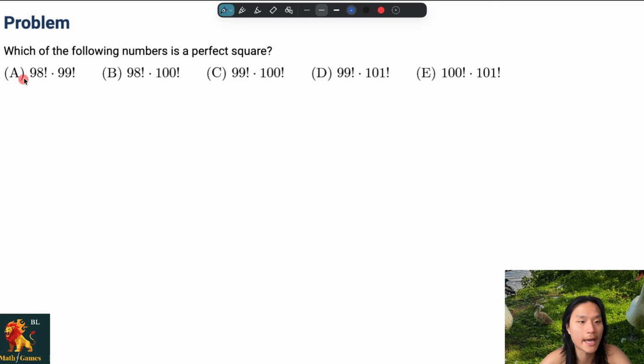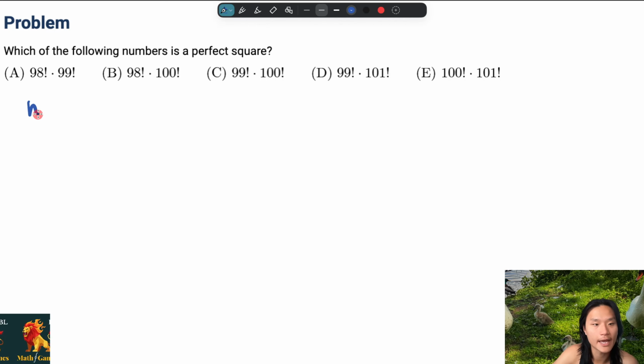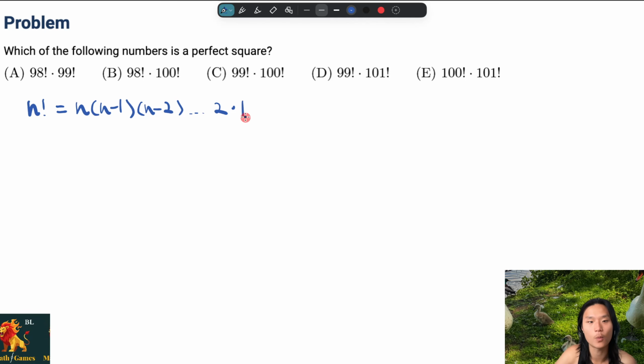So we have A, 98 factorial multiplied by 99 factorial, B, 98 factorial multiplied by 100 factorial, and so forth. Before we begin, let's remind ourselves what a factorial is. We have n factorial, that is equal to n multiplied by n minus 1 multiplied by n minus 2 all the way to 2 and 1.